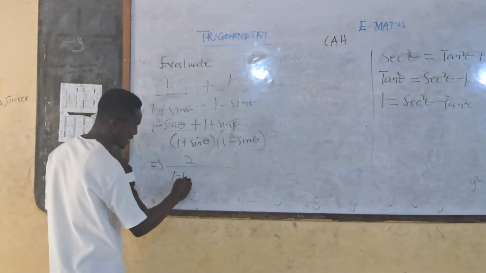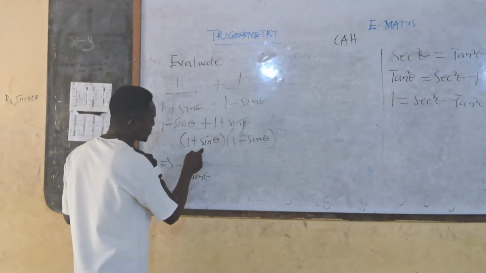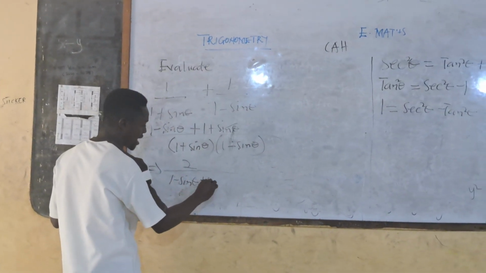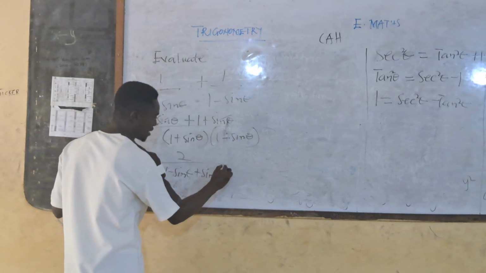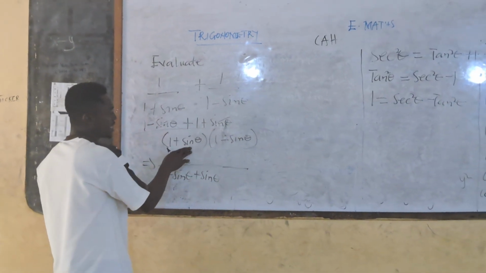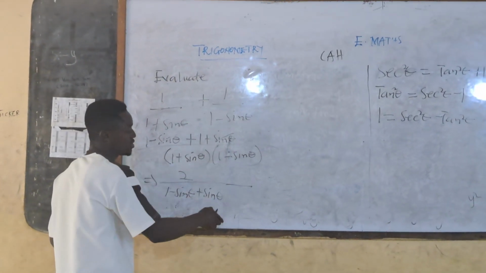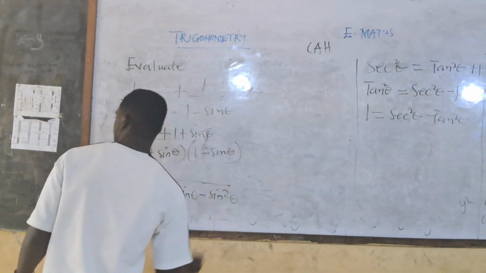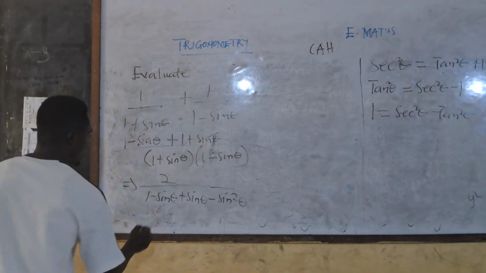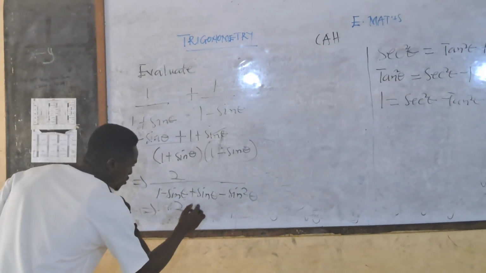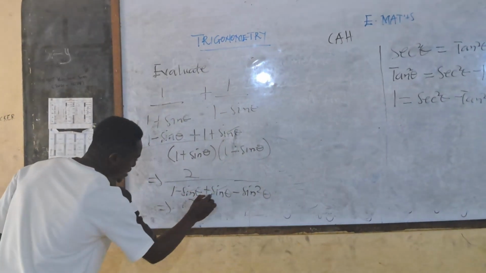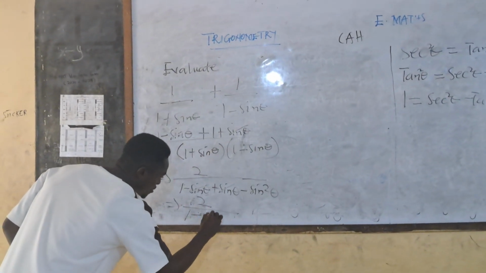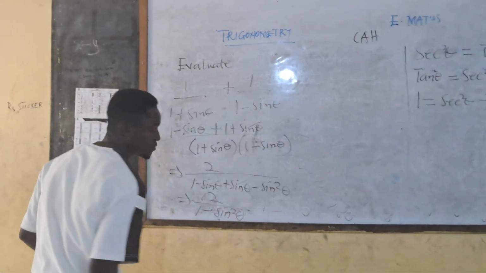Then sine theta times 1 gives us sine theta, and sine theta times minus sine theta gives us minus sine square theta. Breaking it down, we have 2 on 2, this sine theta will cancel this, and we are going to have 2 on 1 minus sine square theta.